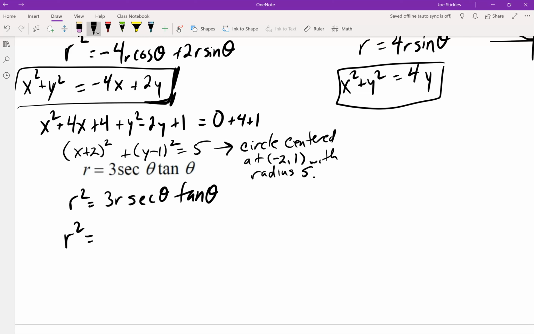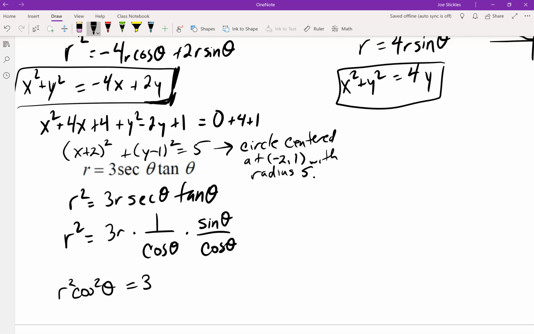with some pieces here. Well, secant is 1 over cosine, and tangent is sine over cosine. Notice the denominator here is cosine squared. So let's move that to the other side. So we have r squared cosine squared theta equals 3r sine theta.